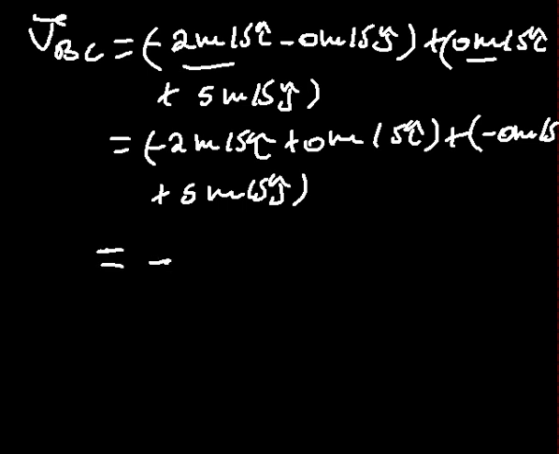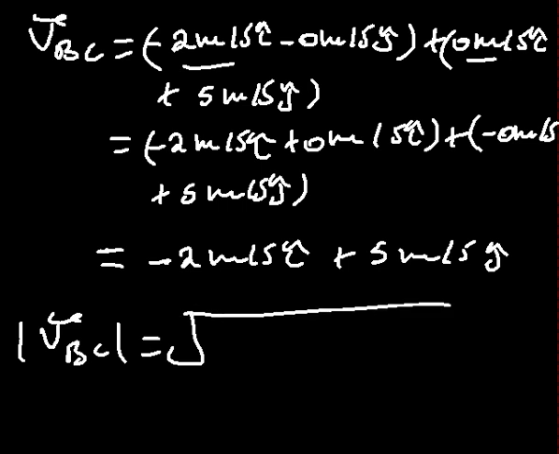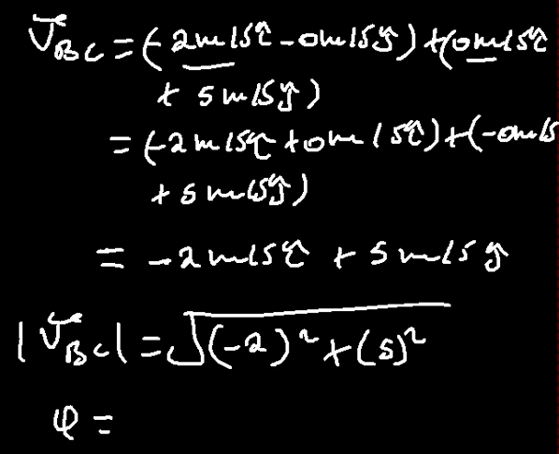So in this case we have negative 2 meters per second I, and plus 5 meters per second J. Therefore the magnitude of the vector VBC will be given as the square root of negative 2 to the power 2 plus 5 to the power 2, and from there you'll be able to get the direction. And by the way, you can complete this one on your own.